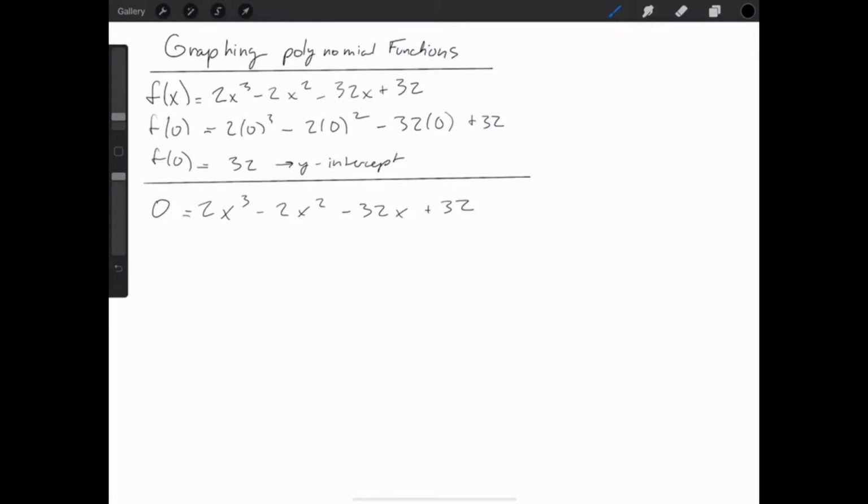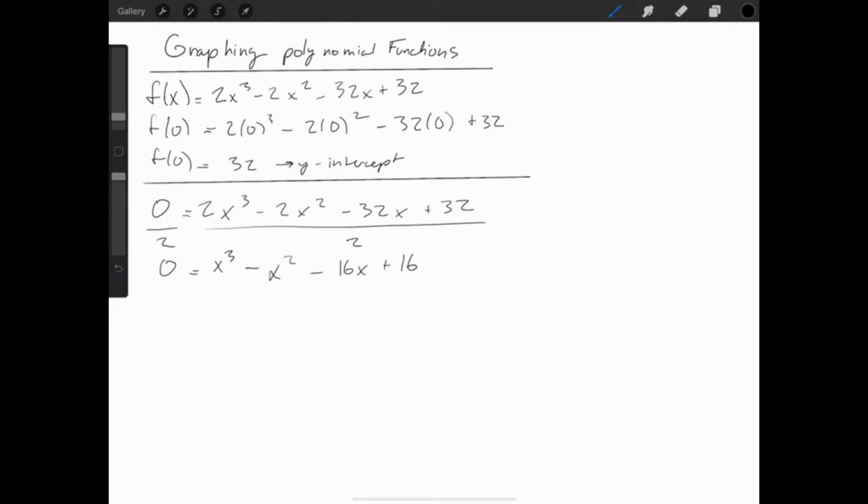And now we can divide each term by 2 because they all have that in common as a factor. So 0 divided by 2 would just be 0. That'd be x to the third minus x squared minus 16x plus 16.